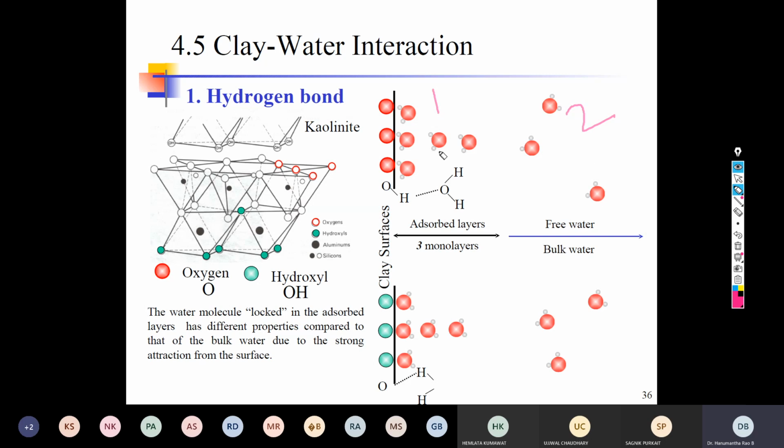Where is gravity acting? In the free water. Because of gravity, this free water keeps moving within the pores. Or, if you apply any overburden pressure, it can move under such external pressure. As long as no other forces act on the diffusive double layer, the double layer is retained permanently. So this is the reason when you do ground improvement, what do you do?